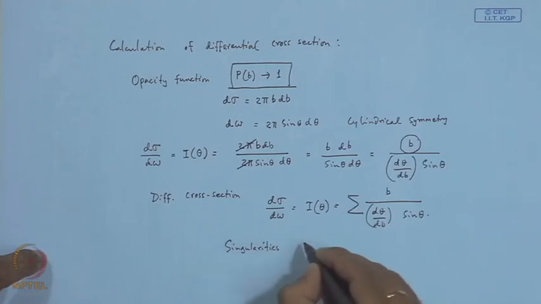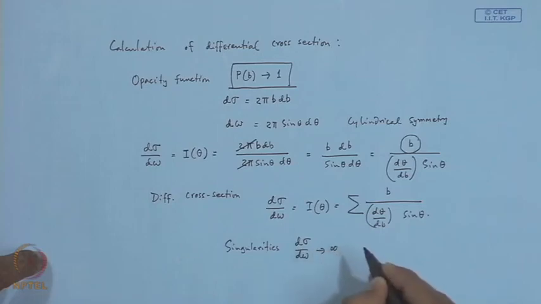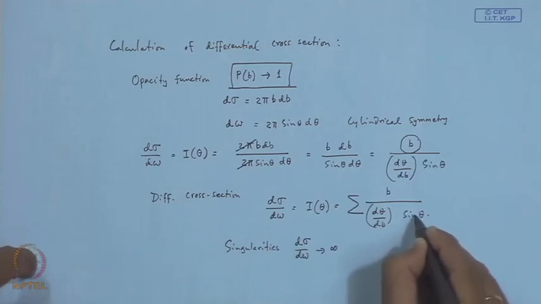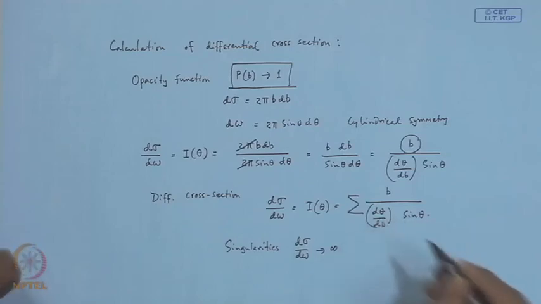That is, d sigma d omega will tend to infinity in one case, either this or that becomes 0.